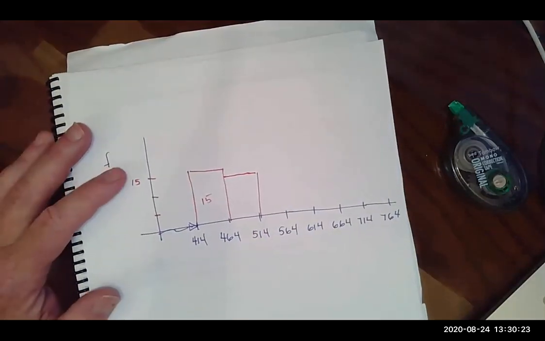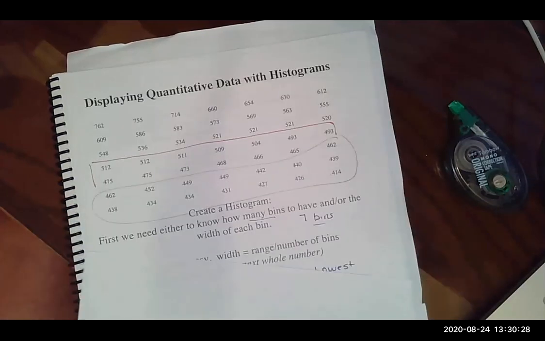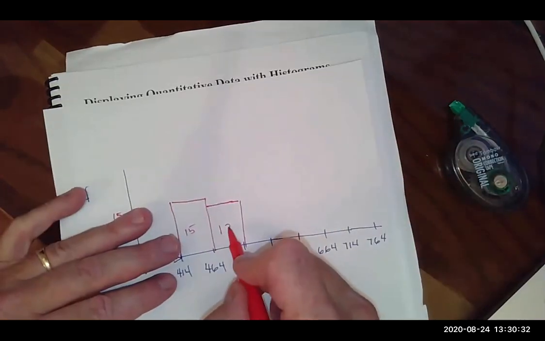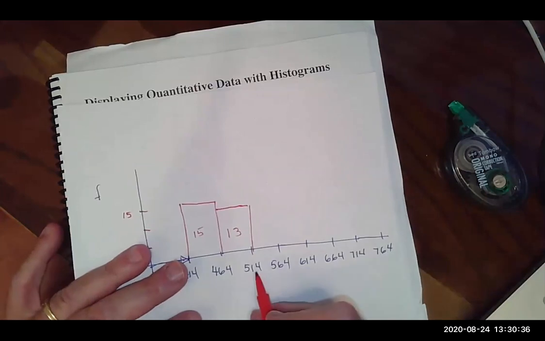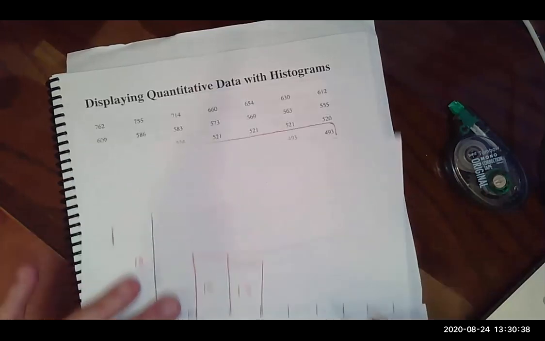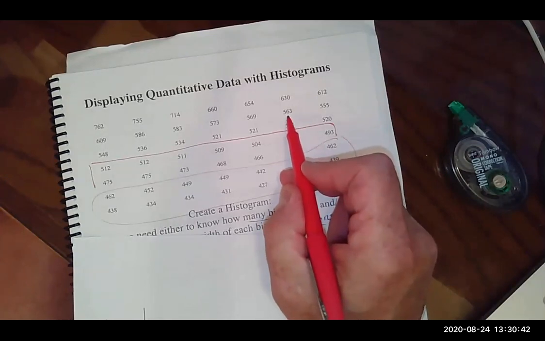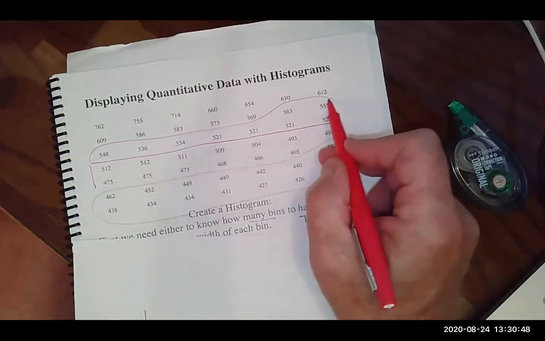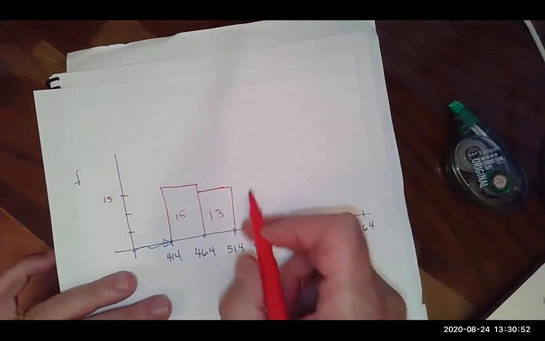See, there's no gaps. Okay, so 514 to 563. See, there's a 563. That's good. 564 would have gone in the next one. So let's see. 2, 4, 6, 8, 9. If I've counted right, 9.